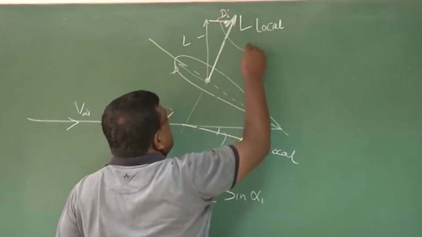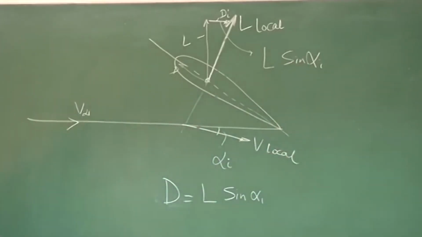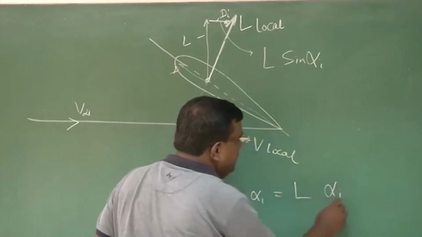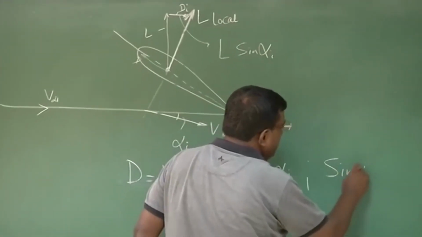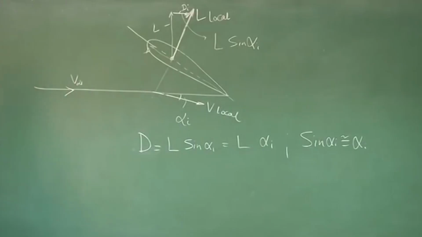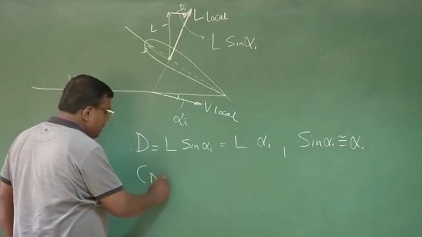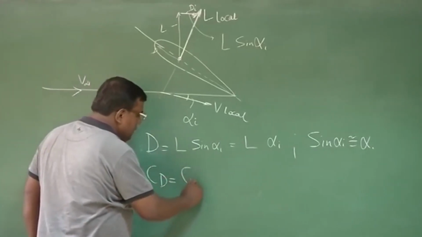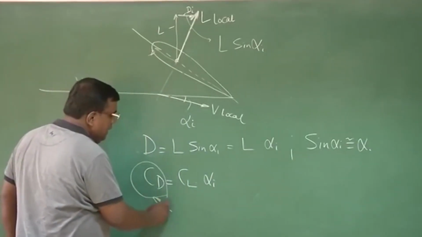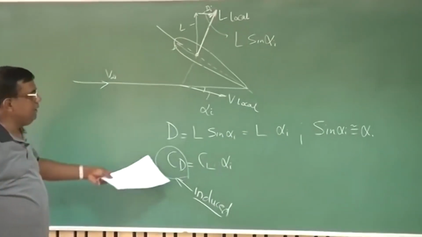I write Di, which is nothing but L sine alpha I. And for a small angle, I can write this as L alpha I. That is, for small angle, sine alpha I is approximately equal to alpha I, right? Similarly, I can write this equivalently as CDi equals CL times alpha I, where, when I am writing like this, please understand, I am talking about the induced drag coefficient, right? Because it is coming from the lift.